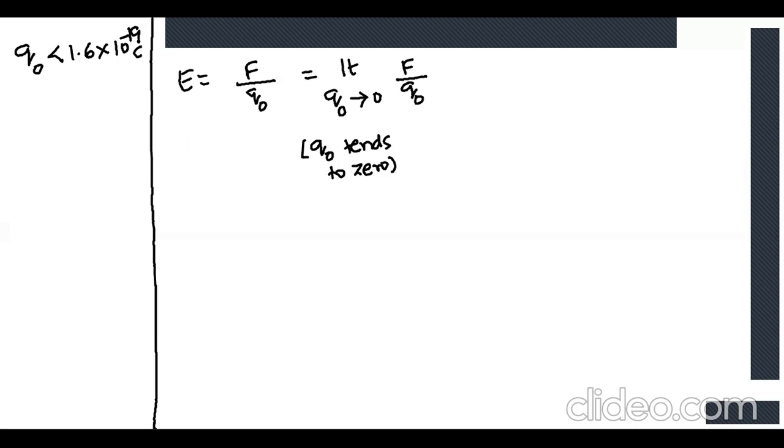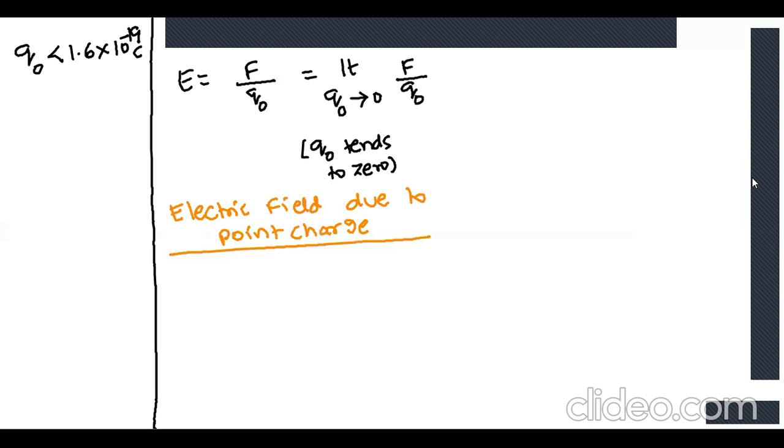That is the electric field and the electric field due to a point charge. Again, I am writing this formula. Remember, the electric field due to a point charge, since I have taken the point charge as positive, is positive, equal to 1 by 4 pi epsilon naught Q by R square.